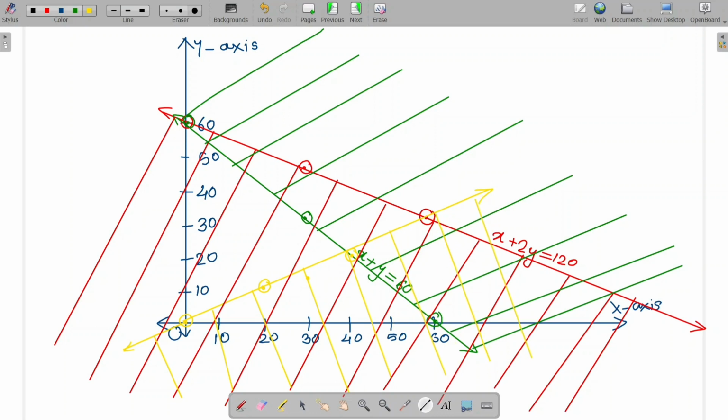Right, now if we extend this line here, this blue line we will extend to the x-axis, right? So you can see that the red line intersects with the x-axis, also the green line. Now if you look at the feasible region, that is the intersection of all the regions, you get this region here.